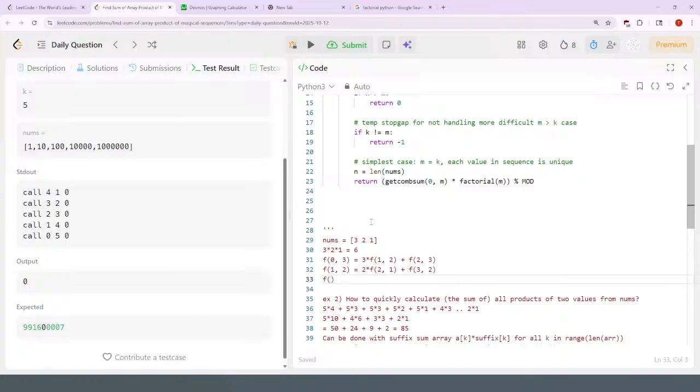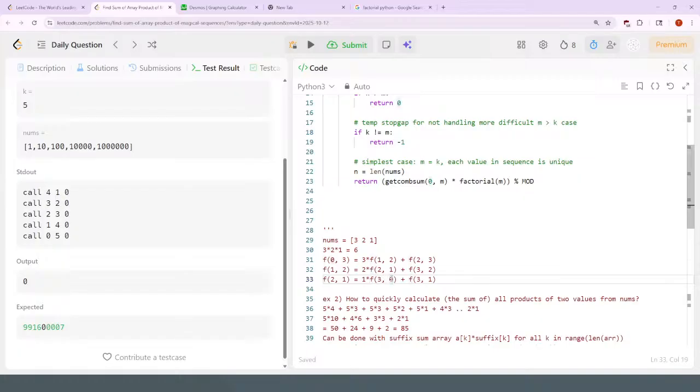F of 2, choose 1. So this should be 1 times f of index 3, choose 0, plus f of index 3, choose 1. This should be impossible. It should be 0. But then this should also return 1.